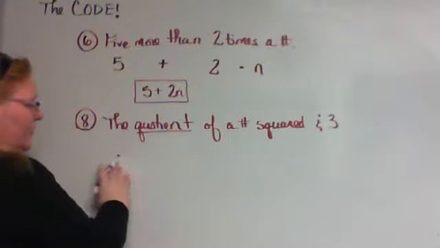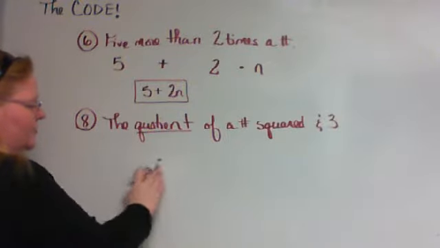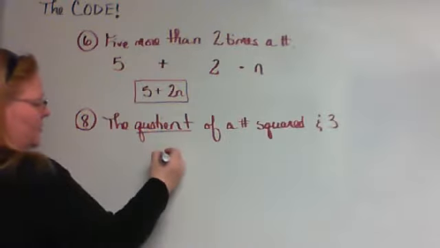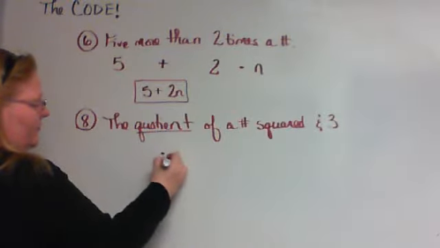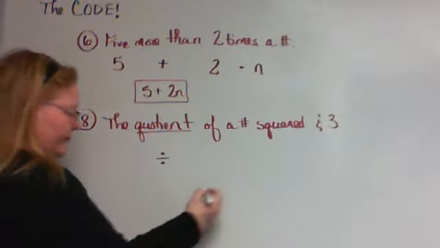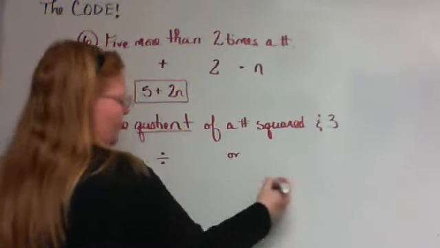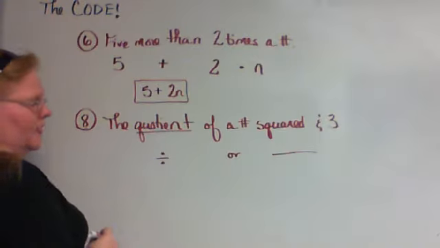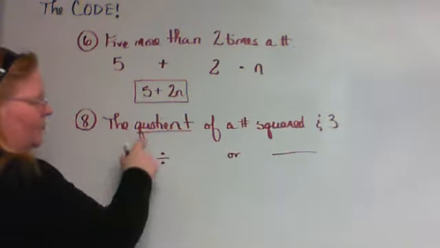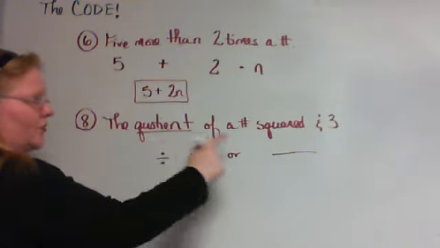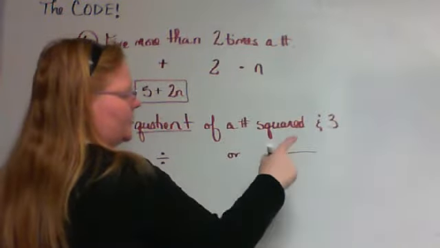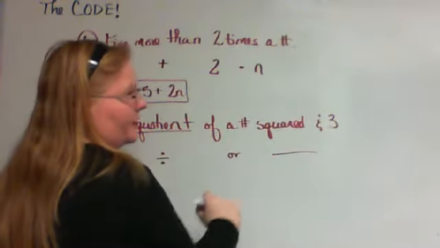Well, since we're talking about division, you can write division 2 different ways. You can write division with this symbol, or you could write division with a fraction bar. If you write it with this symbol, everything goes in order from left to right. If you write it with a fraction bar, everything goes in order from top to bottom.